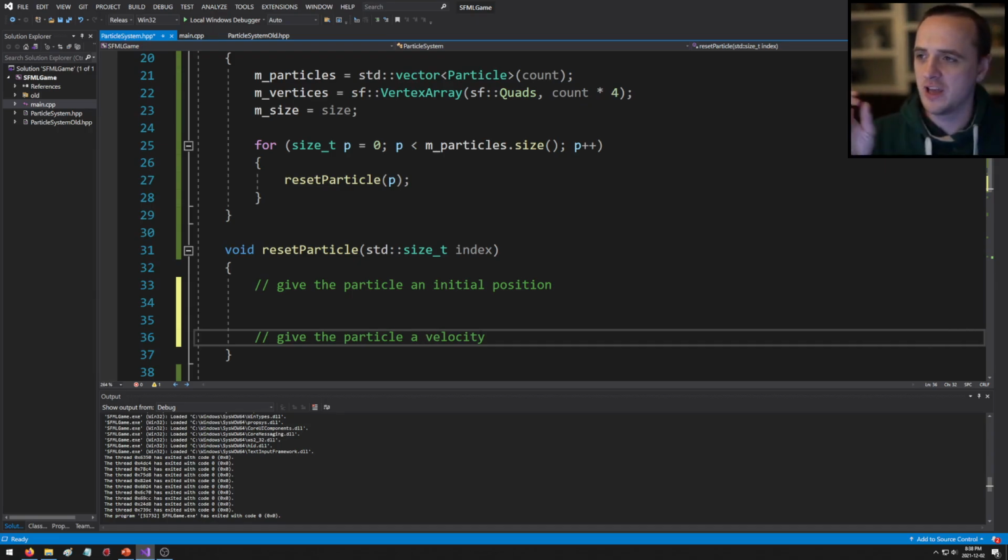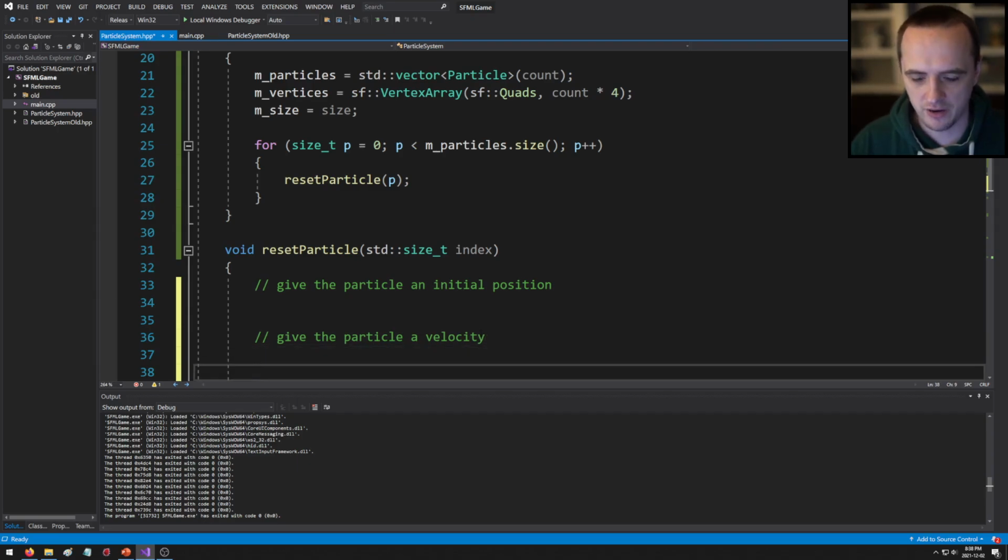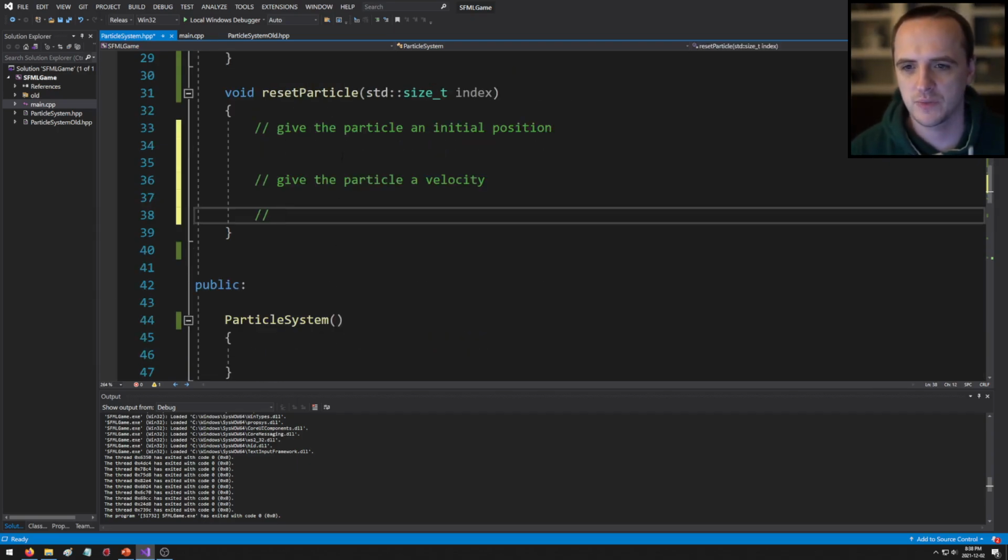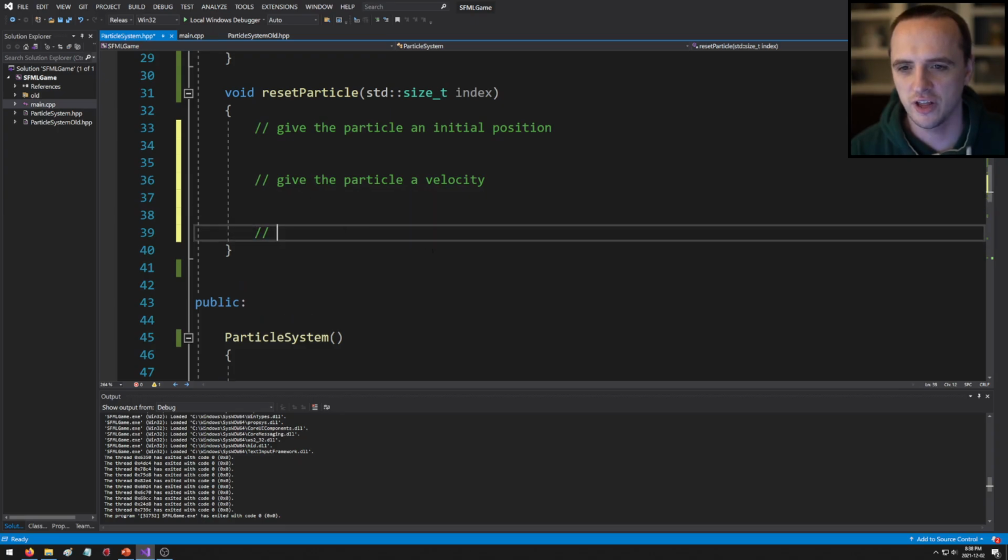One particle with a random velocity doesn't look very interesting, but a bunch of particles, each with random velocity, sort of looks like a firework explosion. Okay, so that's the initial position. Then I'm going to give the particle a velocity. Then I'm going to give the particle a color, right?